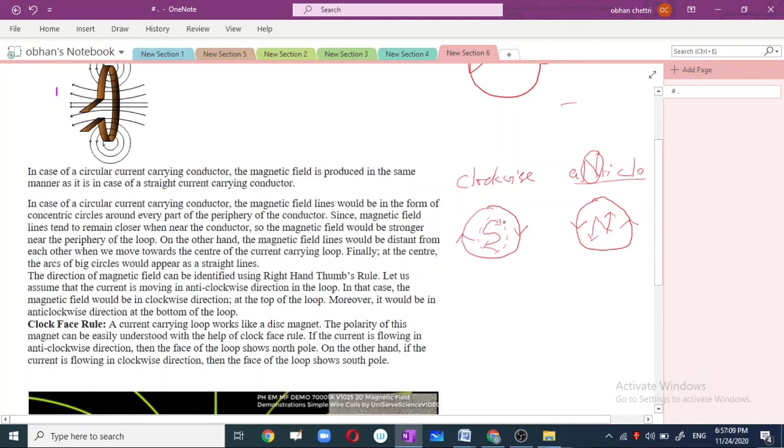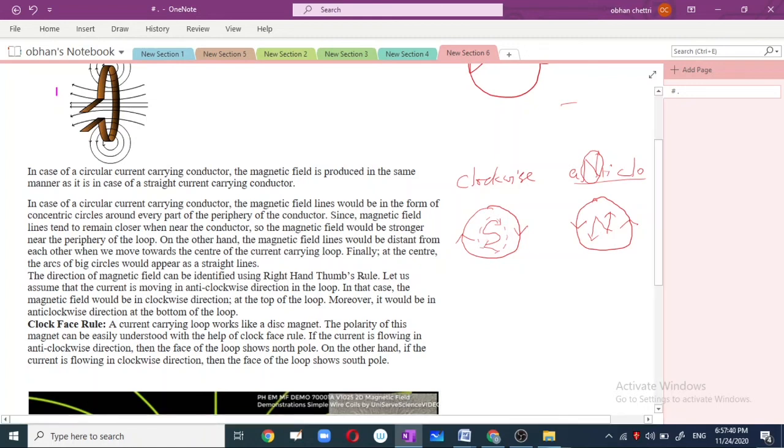These arrows are in the form of clockwise motion, right? So it shows that for clockwise motion of the current, the face has the south pole, and for anti-clockwise flow of current, it has the north pole on its face. So this is all about the clock face rule.